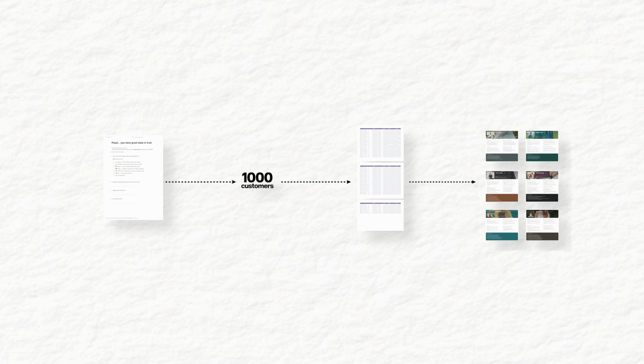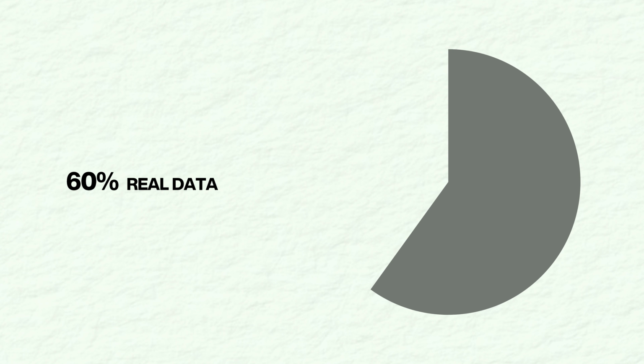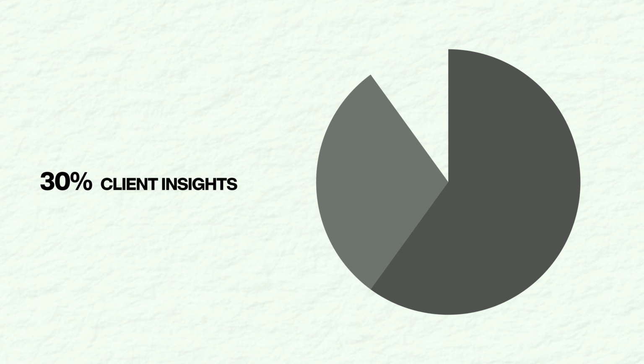The grouping was done on the basis of the common beliefs and motivations that people had. We relied 60% on real data, 30% on client insights, and the remaining 10% was controlled hypothetical discussions that we had internally.